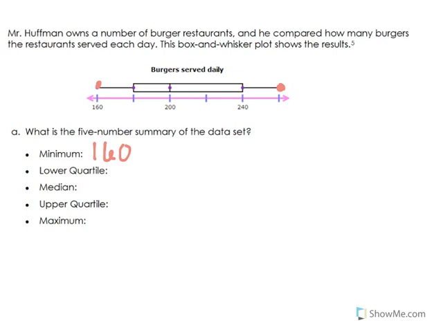I start at 160. There is one interval in between 160 and 200. The difference between 200 and 160 is 40, and this tick mark is halfway between 160 and 200, so half of 40 is 20.